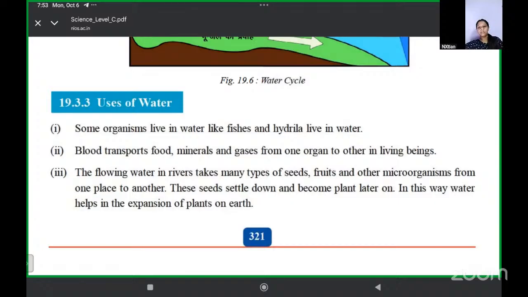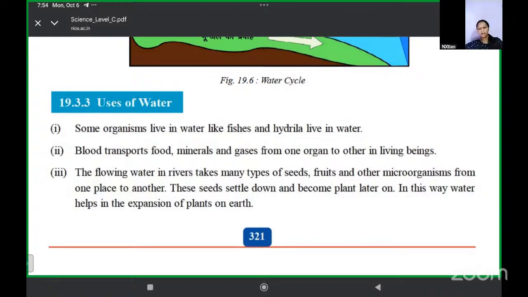Water is mixed in our blood. One of the components that our blood is made up of is water.